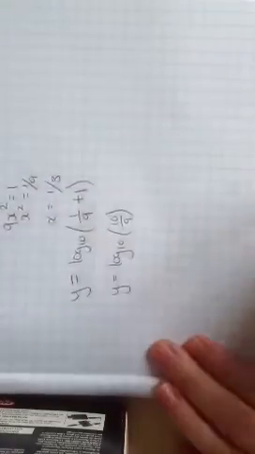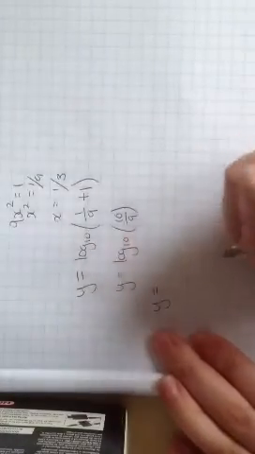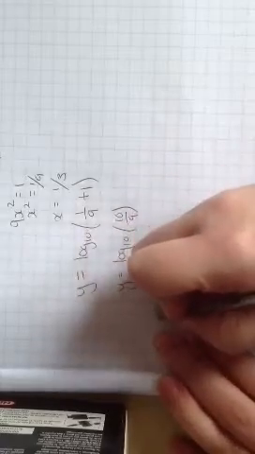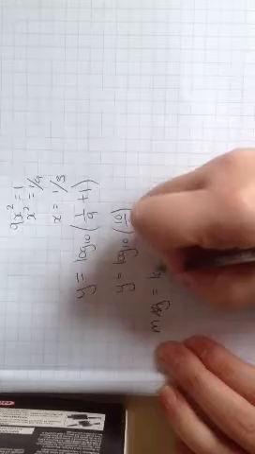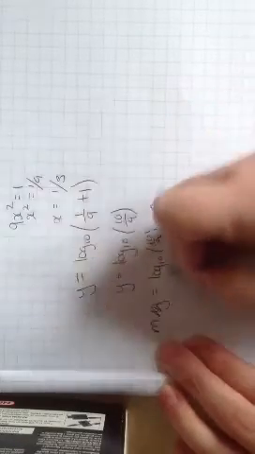Now that is the same as that. And then it tells you to find the gradient. Now the gradient is difference in y's divided by the difference in x's between that and the point of origin. So I'll call that gradient. So that means that the difference in y's is that, take away the y value of the origin, which is that.